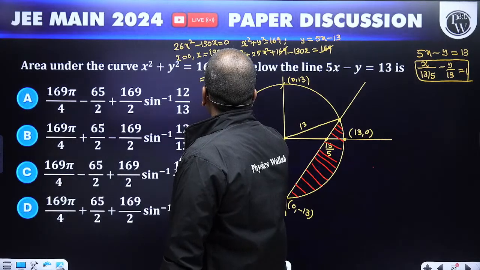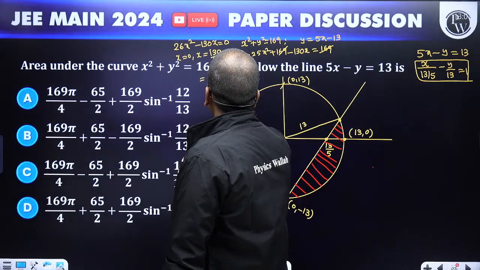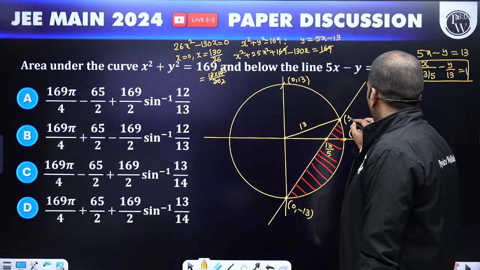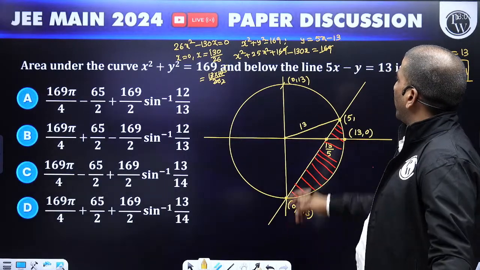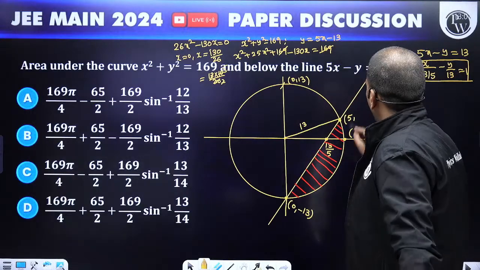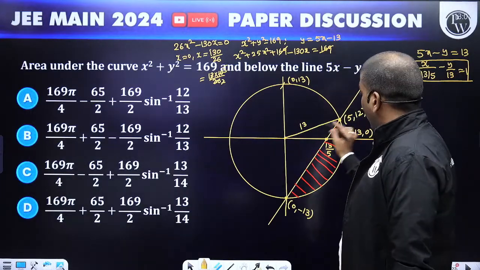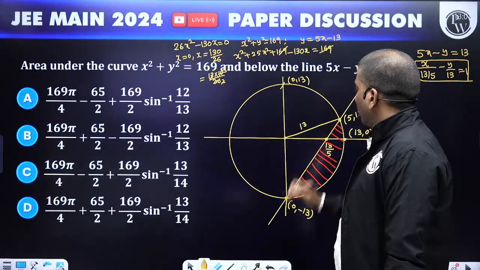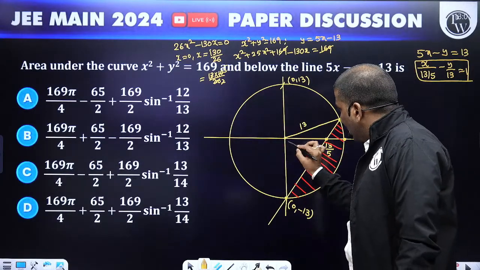So 13 into 10 by 26. Here 2 times, here 5 times. That's all. So x is 5. When x is 5, what is y? 25 minus 13, 12. Of course, it has to be 12 because this is the radius. Radius is 13 units, right? Fine. Now let us see, this is 90 degrees.